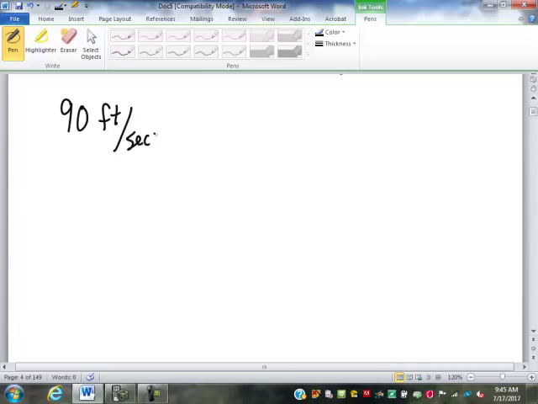Now, 90 feet is the distance from first base to home plate. So I'd be saying I could throw the ball from first base and it'd be at home plate in 1 second. Is that fast? Yeah. Well, what are we used to seeing speed expressed as? Miles per hour. Very good.